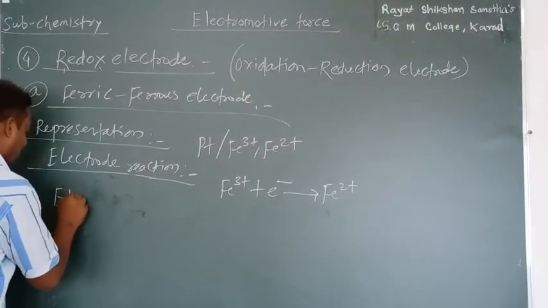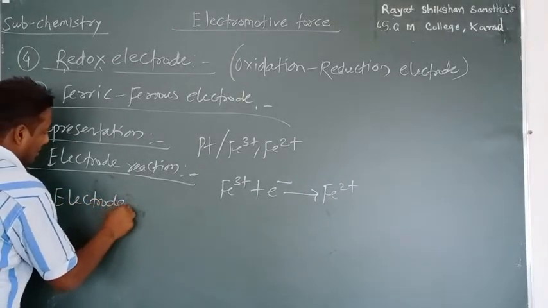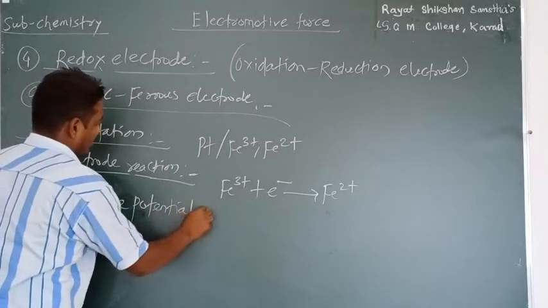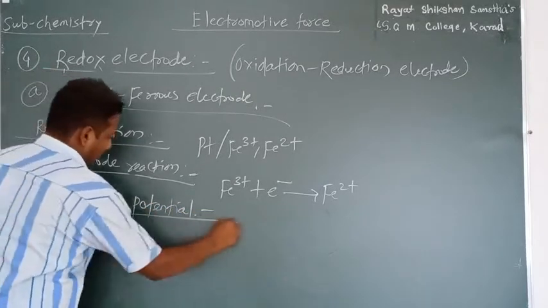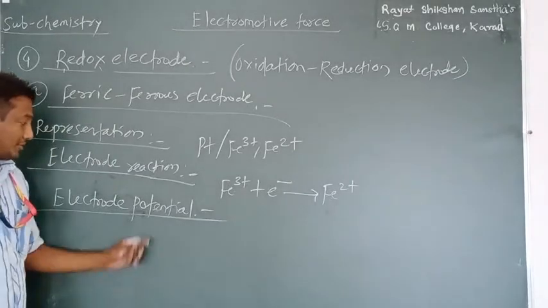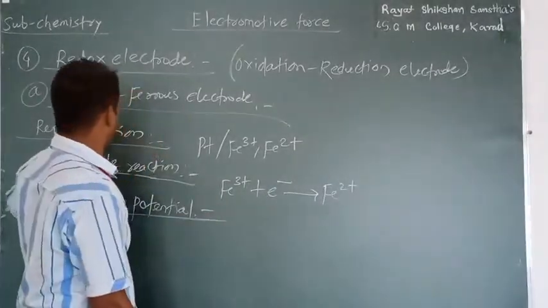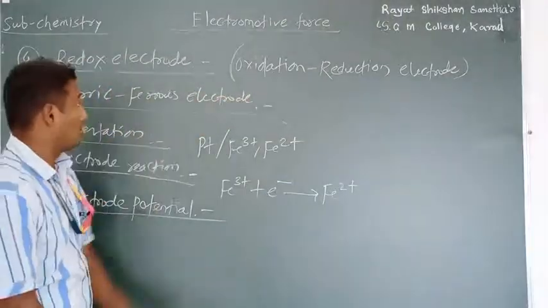Then electrode potential. Very important, electrode potential. By using the Nernst equation, we can determine the electrode potential of the ferric ferrous electrode.